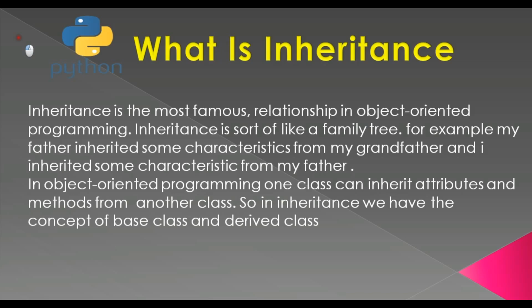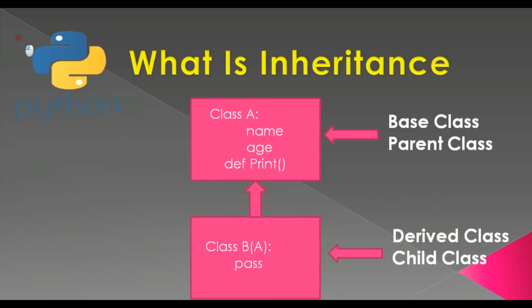In object-oriented programming, one class can inherit attributes and methods from another class. So in inheritance we have the concept of a base class and a derived class. Now let me show you. For example, in here I have two classes, class A and class B.